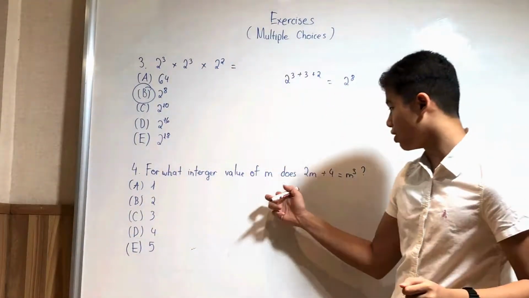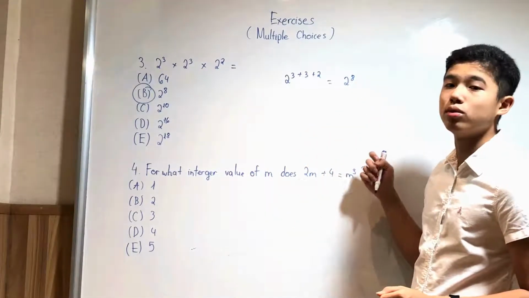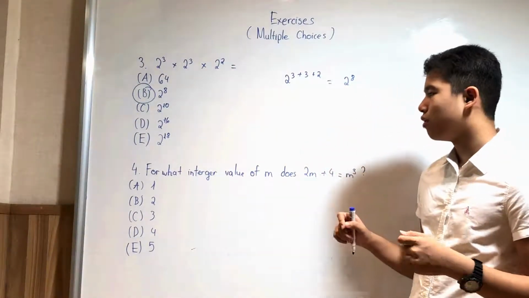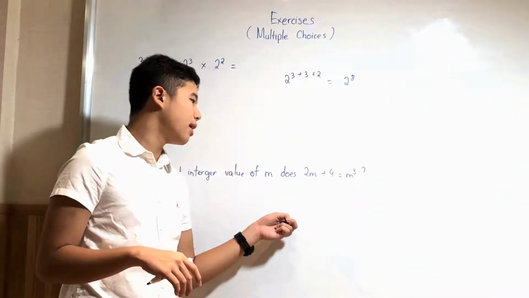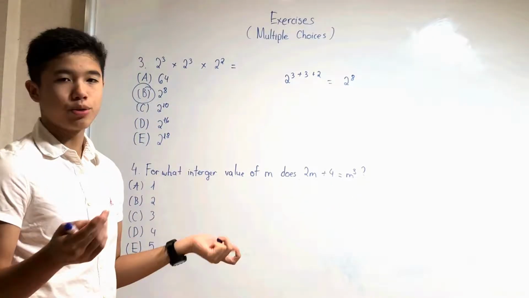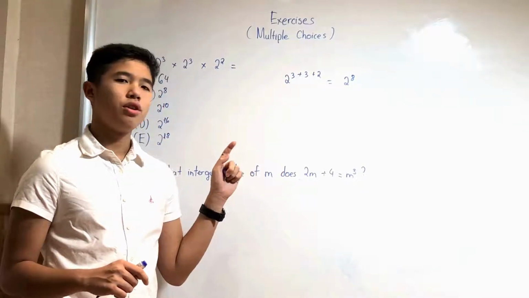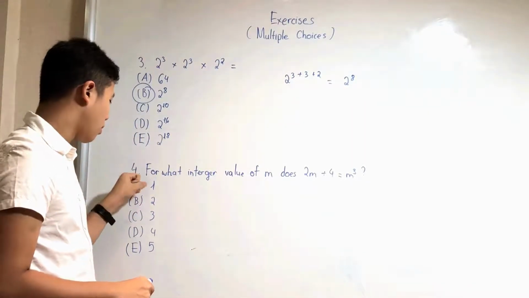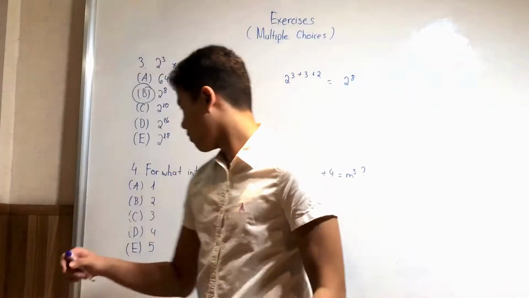For what integer value of m does 2m plus 4 equal m to the power of 3? They asked us to find m, but both sides have m. So how should we do it? First, you look at the answer choices: A is 1, B is 2, C is 3, D is 4, and E is 5.